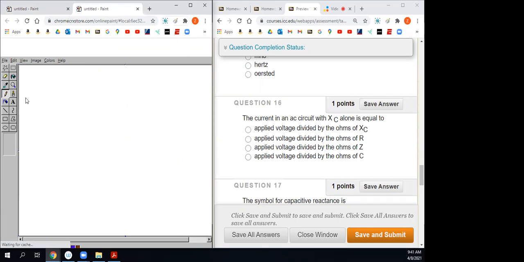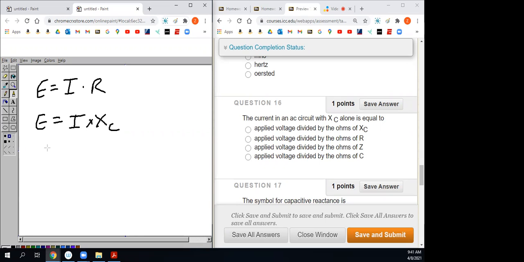What we just came up with: E equals I times R in a capacitive circuit would be E equals I times X sub C. So the current in this circuit would be I equals E over X sub C. Current equals voltage divided by ohms of X sub C.